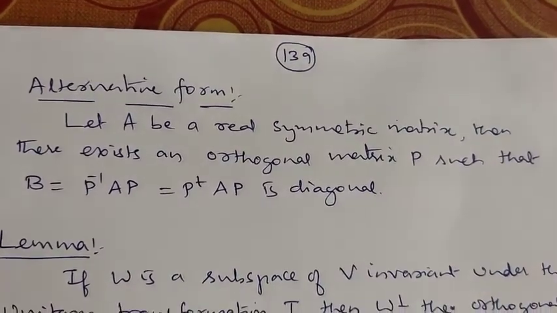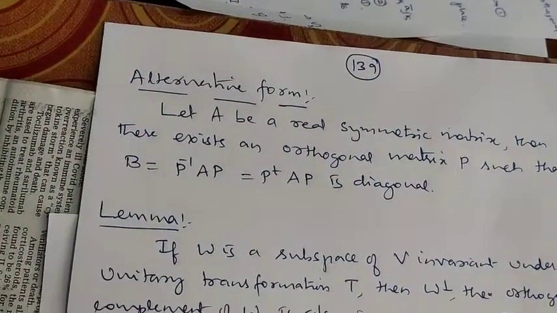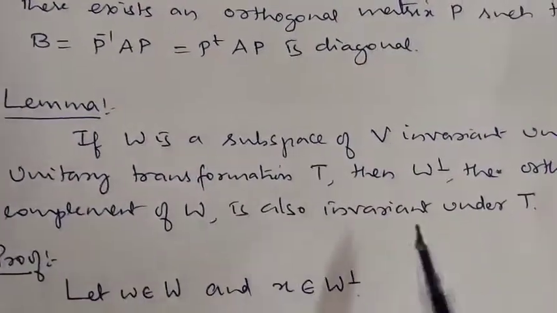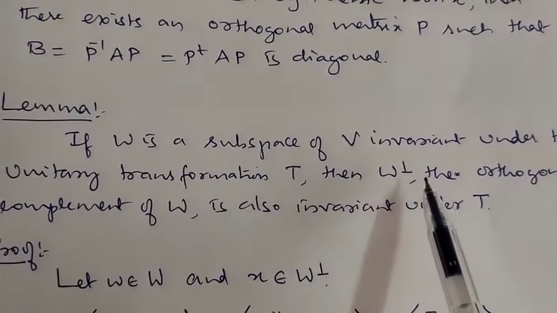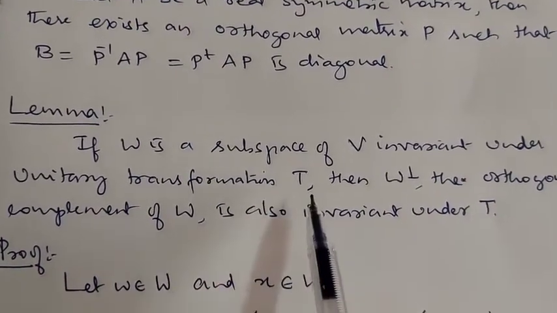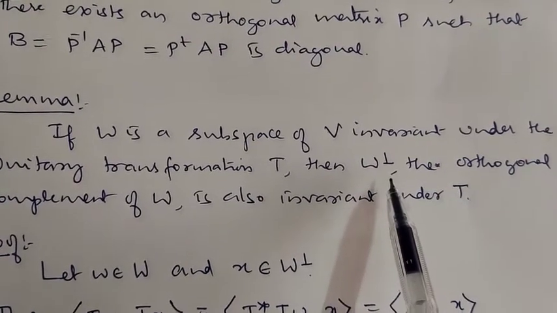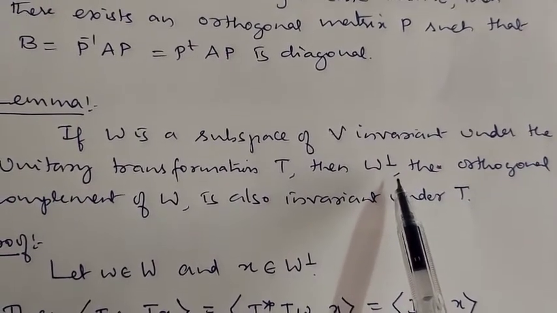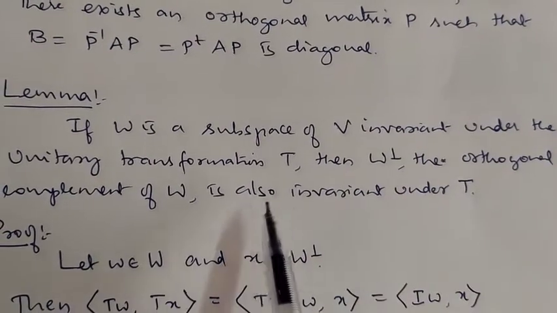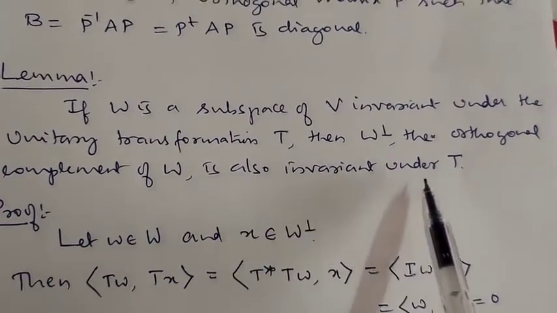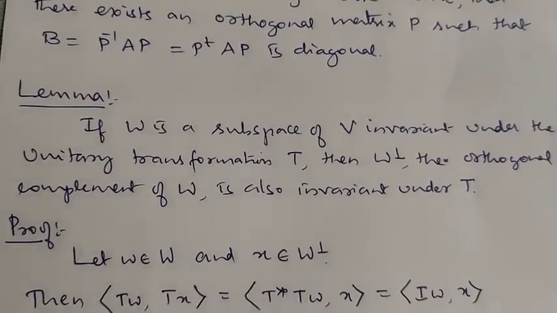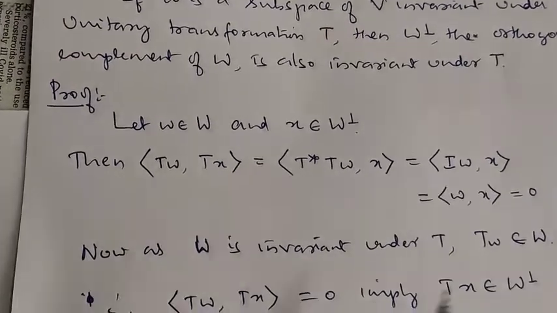So now I will take another lemma which will be helpful in proving the next results. This lemma says: if W is a subspace of V invariant under the unitary transformation T, then the orthogonal complement of W, that is W perp, is also invariant under T. This type of result we have already taken up, anyway I am proving it again.